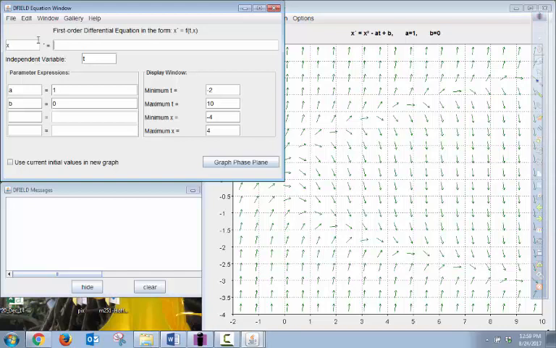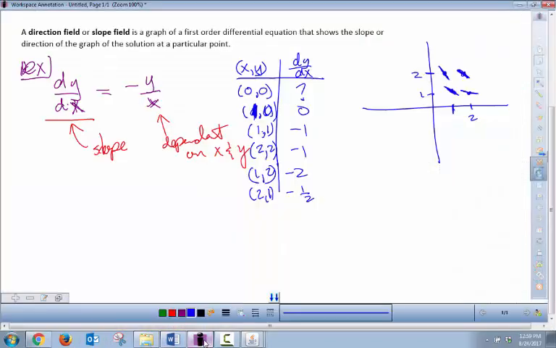We're using x's and y's, but here they use x for the dependent variable and t for the independent variable. So looking at my equation, my independent variable is x and my dependent variable is y. If I change that back to x and t, the top is going to be x and the bottom would be t. So negative x over t.